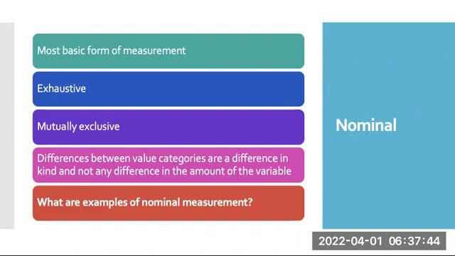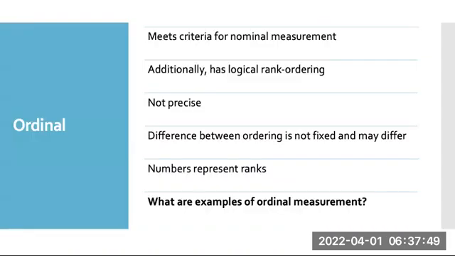The order of categories is not important. Ordinal meets all the criteria for nominal, plus the value categories possess some logical rank ordering. For example, this could be customer satisfaction: very unsatisfied, unsatisfied, satisfied, and very satisfied. Or attitudes, for example, strongly disagree, disagree, neutral, agree, or strongly agree.